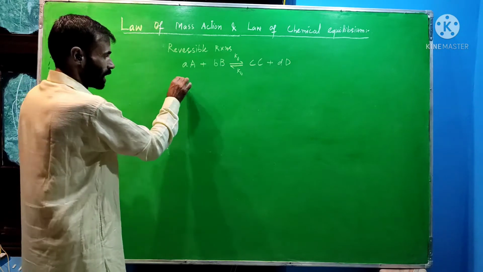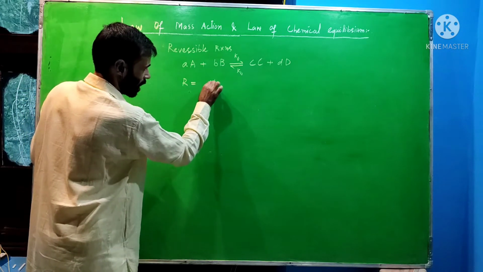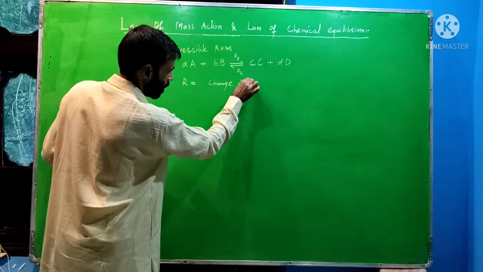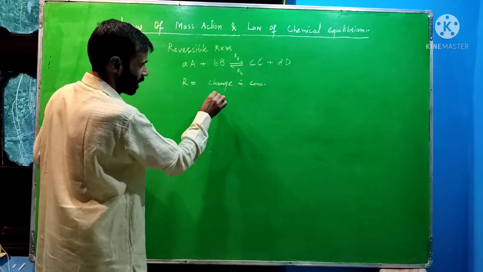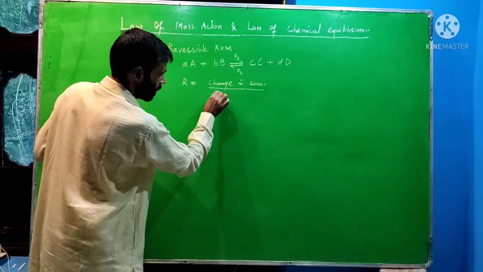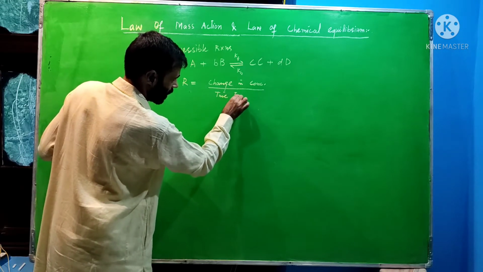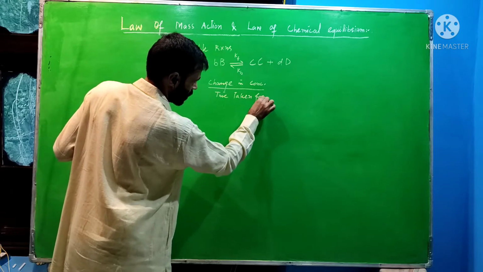We already know this rate. Rate is the change in concentration of any species involved within a chemical reaction divided by the time taken for that change.